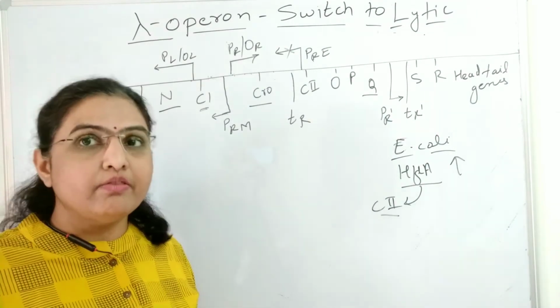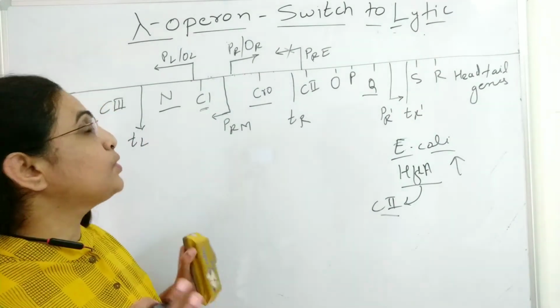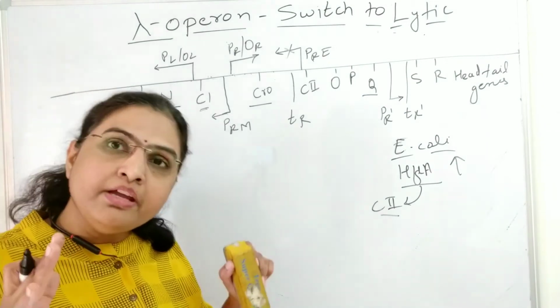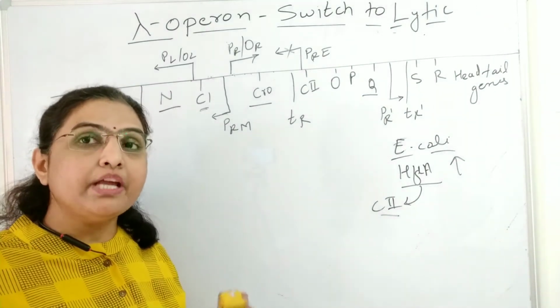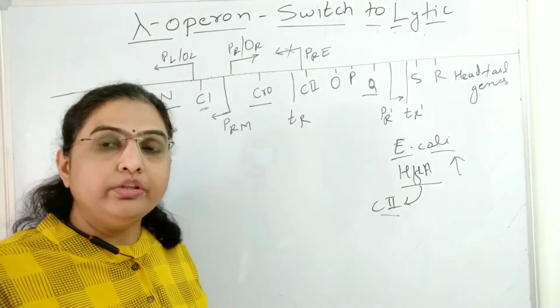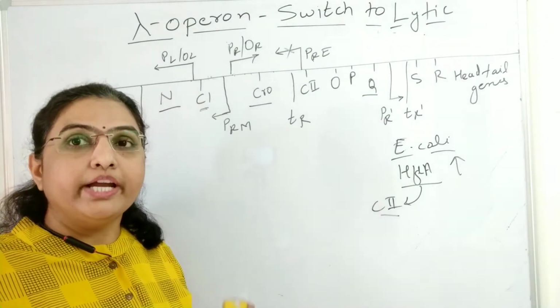As there is no C1, the operators OR and OL will be free, which means the promoters PR and PL are now available to start transcription.